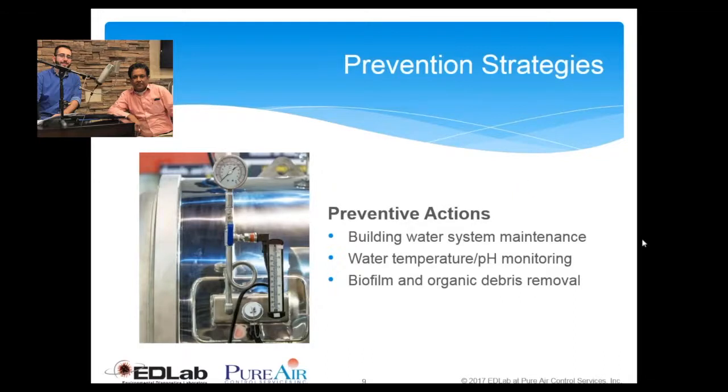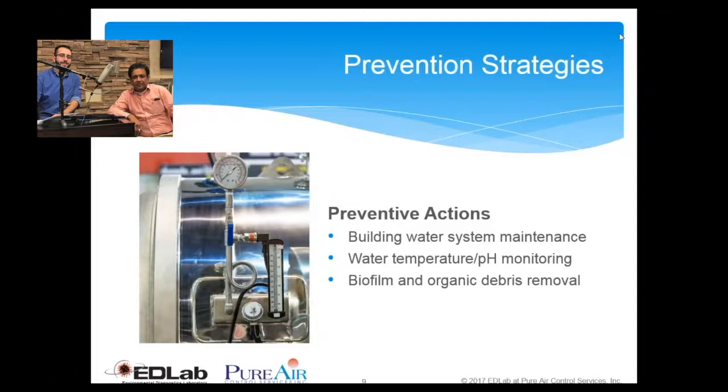When I use the words properly and appropriately, that encompasses the manufacturer recommendation as well as on-site maintenance of the whole water system in and around a building. It is also important to keep an eye on the water temperature and the pH monitor, because the pH monitoring and water temperature can tell us whether the situation is favorable or not favorable for growing Legionella. That's why it is very important.